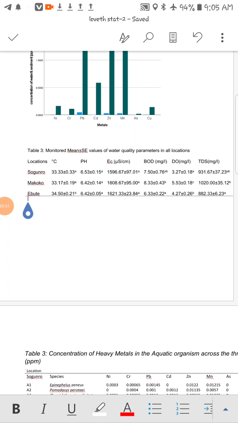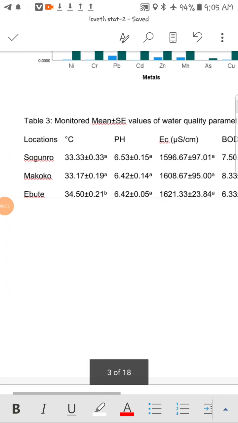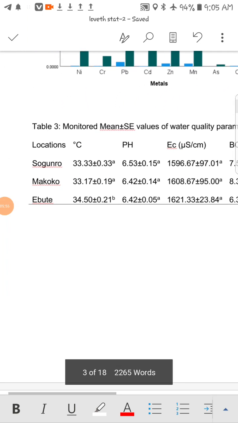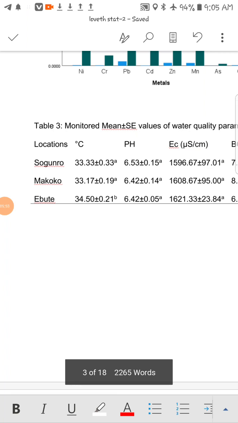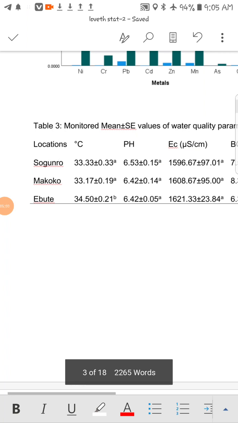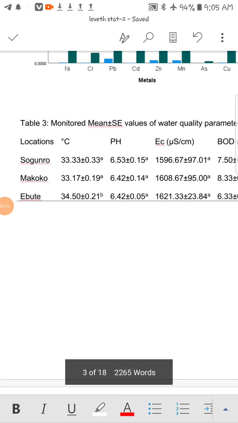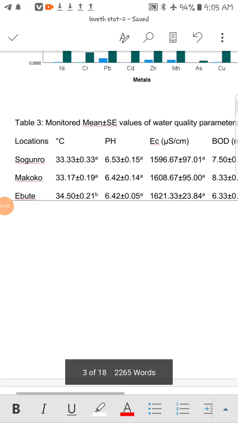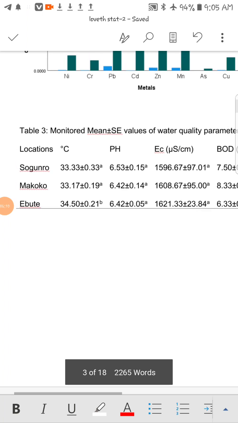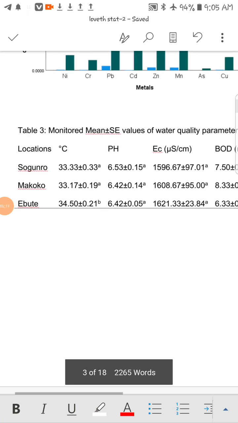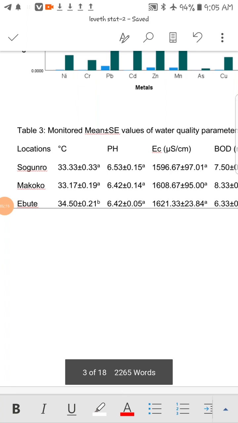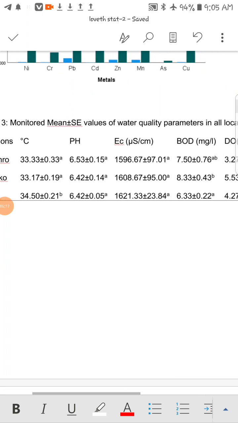Is it the same? If you're looking at it closely, Sogoro and Makoko tend to have a similarity, that is A A. But Ebute is quite different from the two of them. So there is no similarity of water temperature in Ebute with the other locations, but there is similarity of temperature in Sogoro and Makoko. So that's how you explain that.